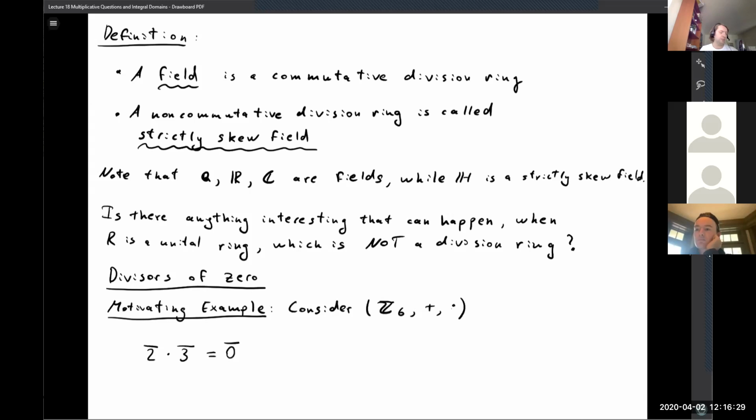So you can take two non-zero elements, multiply them and get 0.